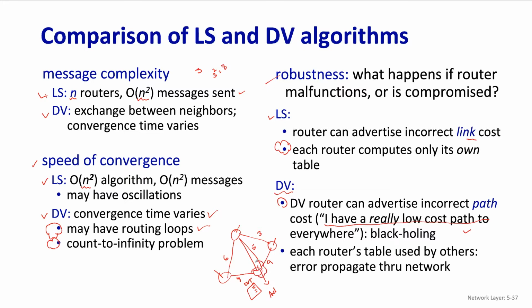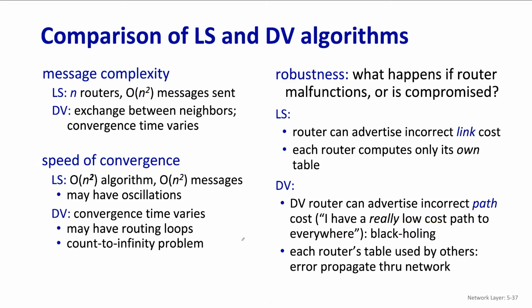This is why we call it black holing. Everything is going to be forwarded here, but nothing is going to go out. And in terms of distance vector, if you have any error, then the error will propagate from one node to another.